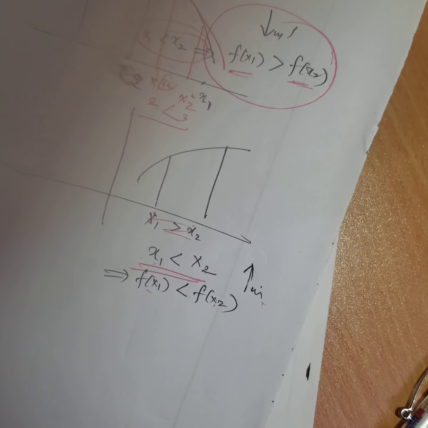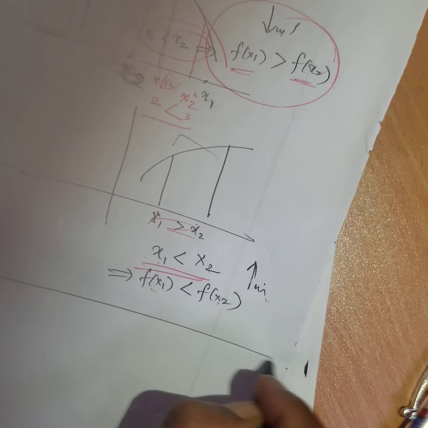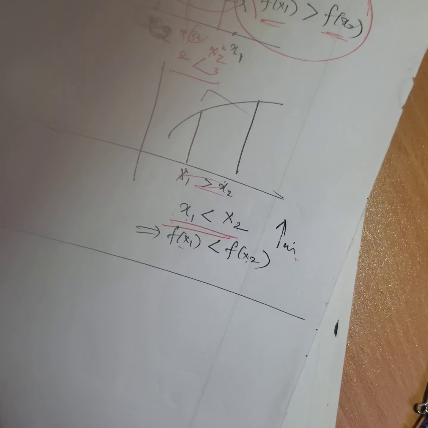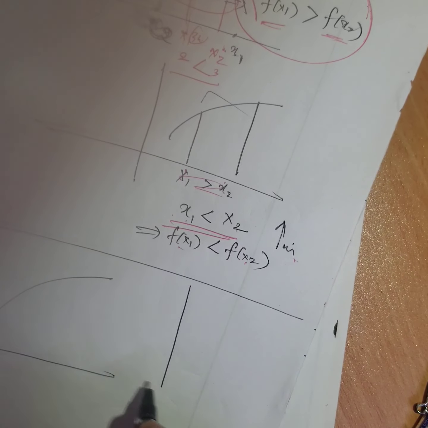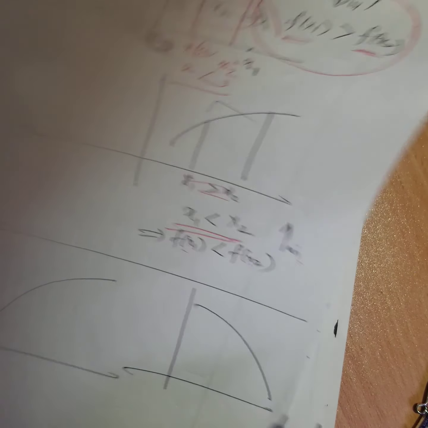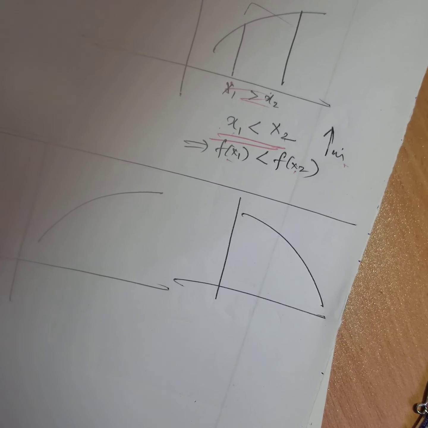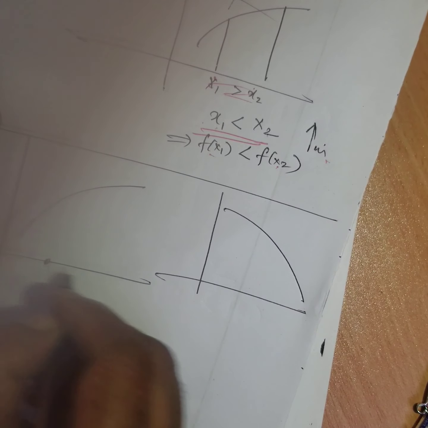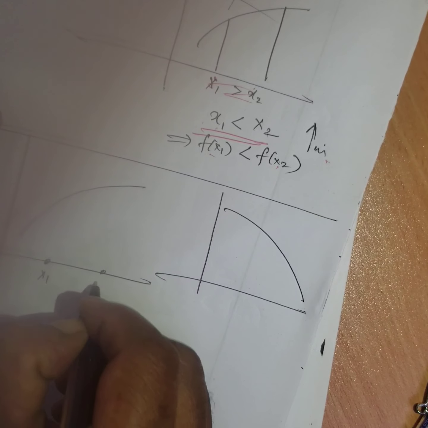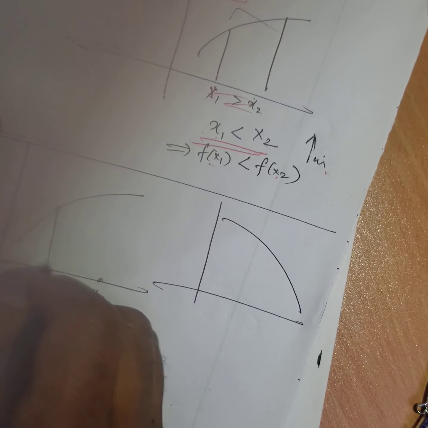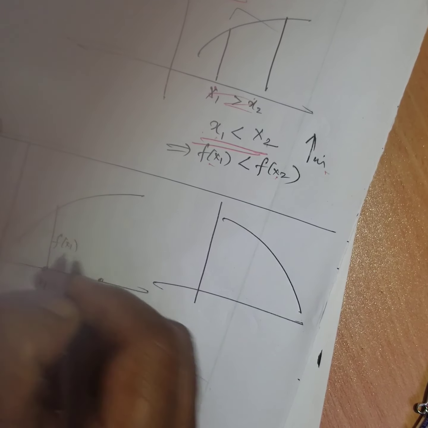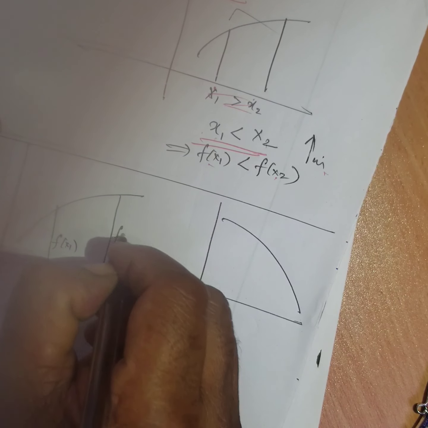Right? Therefore, I like the picture now clearly. Whenever you feel confusion, just write this down. This is x1. This is x2. This height is what? f of x1. This height is what? f of x2.